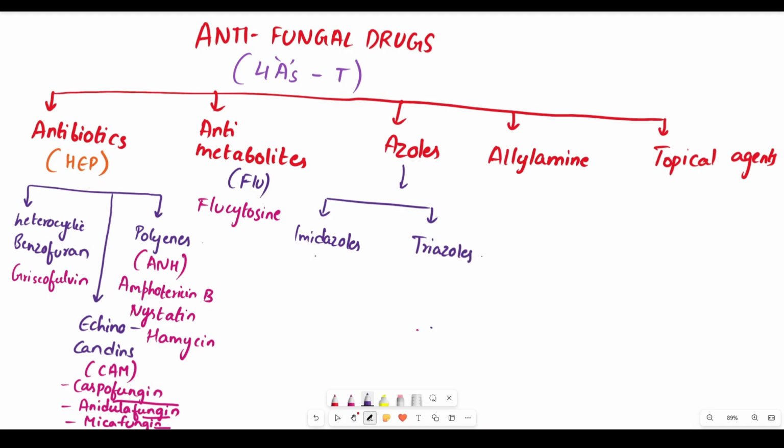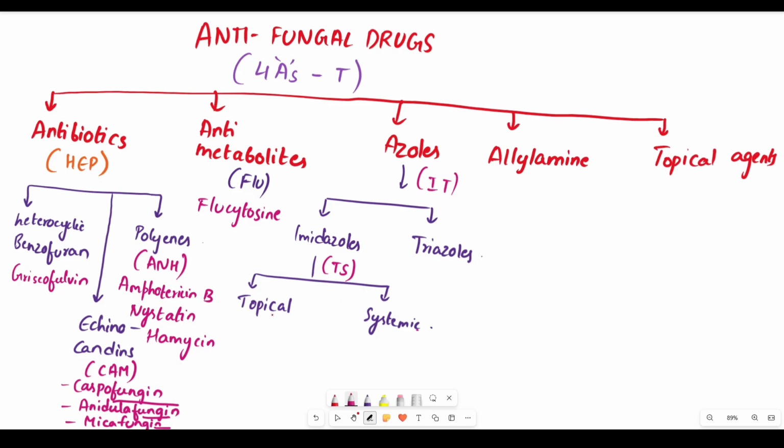This imidazoles is again divided into two subclasses. One is topical, one is systemic. Now, how do you remember the subclasses? In azoles, remember it as IT, where I means imidazole, T means triazole. For imidazole, remember it as TS. T means topical, S means systemic.